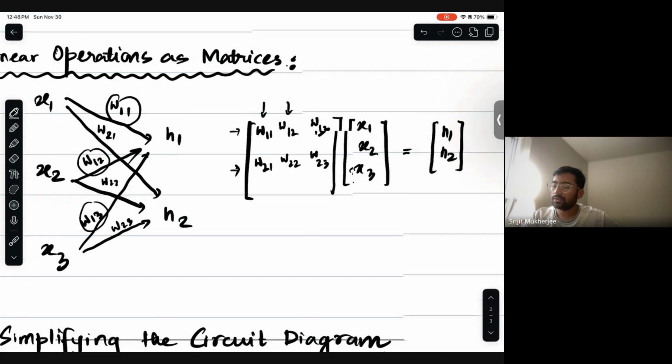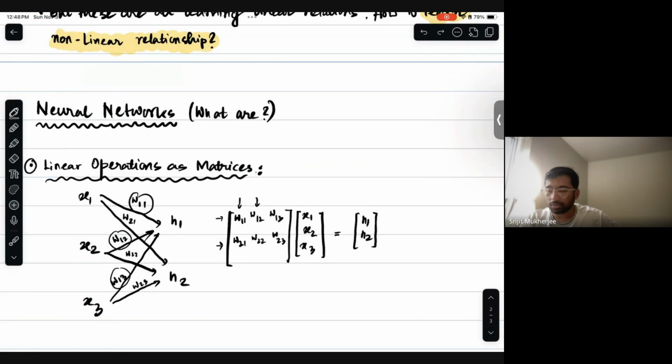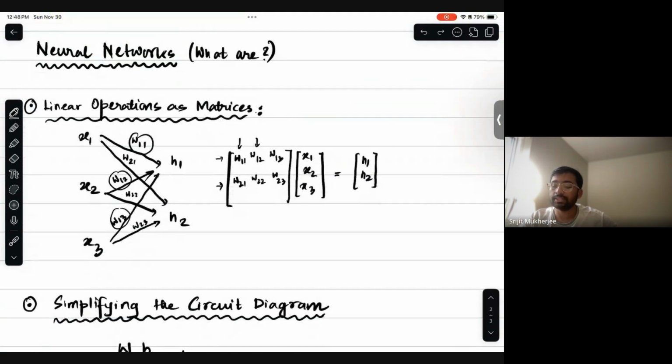Remember that this is a linear operation, but sometimes a bias is also added to each layer. So the same bias is added here, let's say.